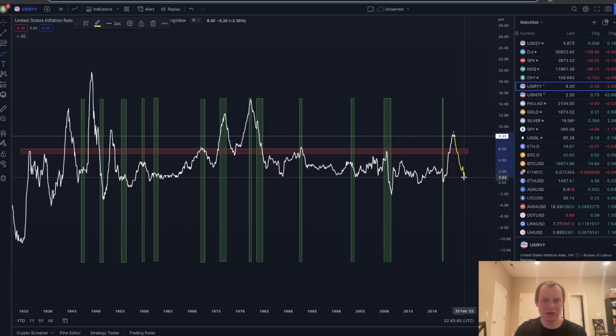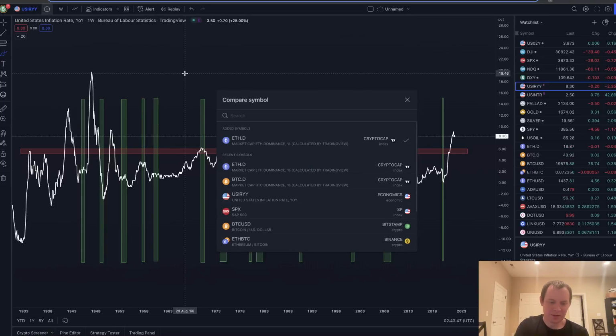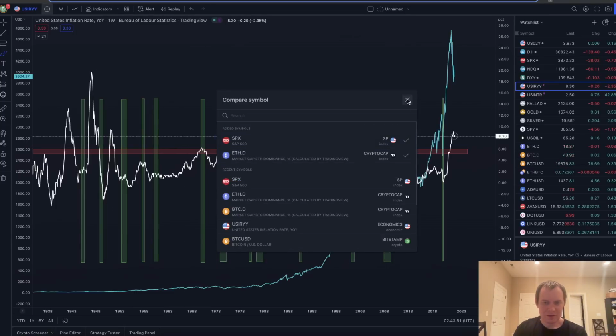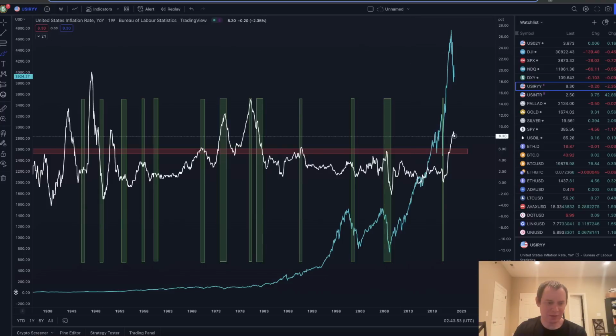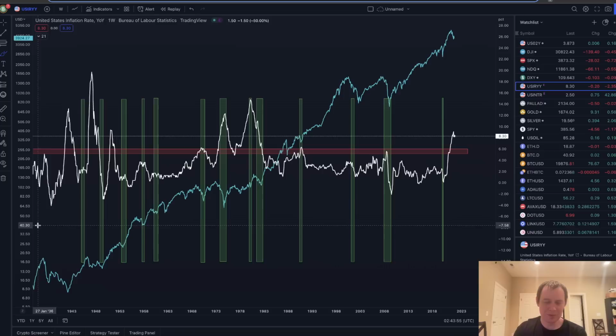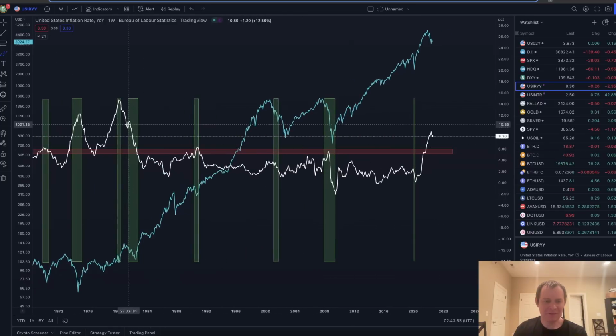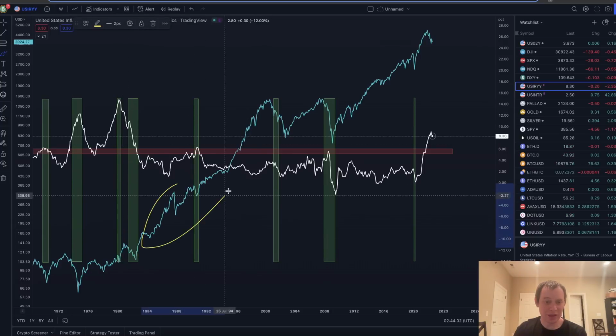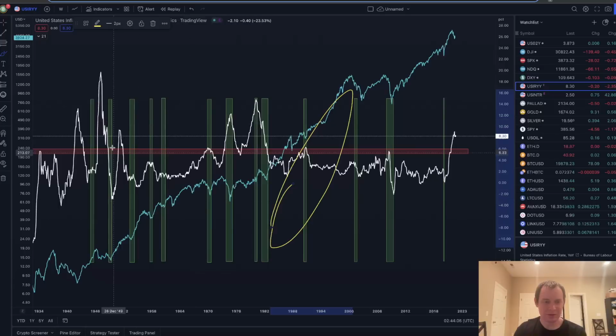Why do I want to live in that world as opposed to the Fed pivoting earlier? The reason I want to live in that world is because if you look at the stock market, say, like the S&P 500, which is what we're going to do, after inflation comes back down, that's when you go into a really nice bull market, right?